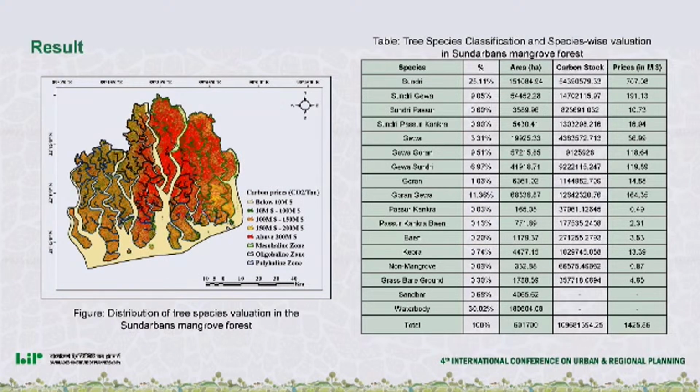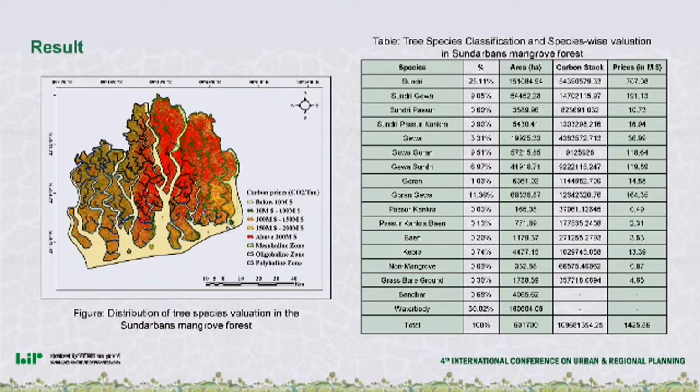So here in this map, we can see the economic valuation of the mangrove species in the Sundarbans. Especially, we can see the high economic valuation in the top right side because Sundari trees dominate this area.